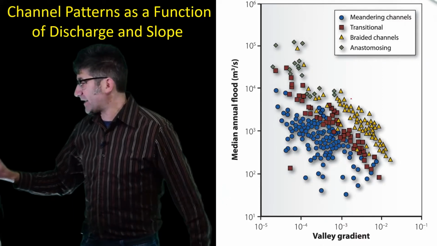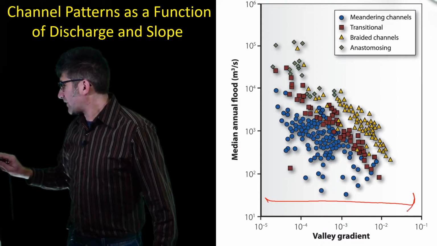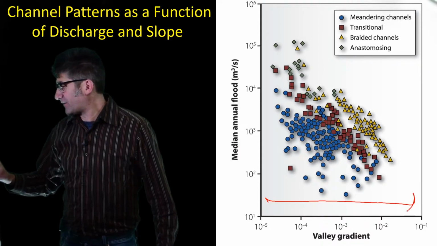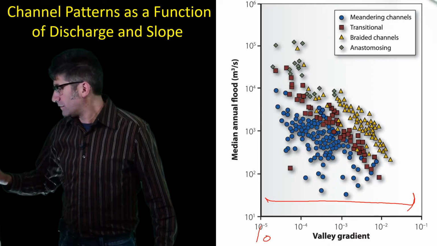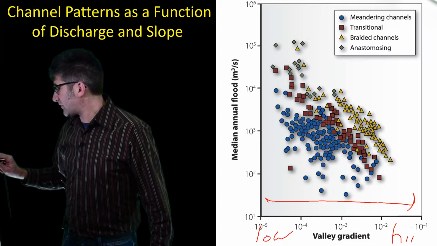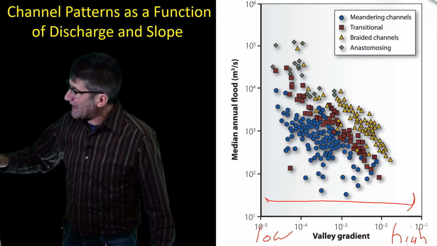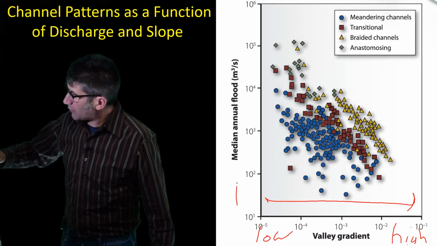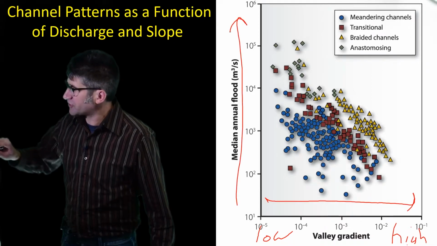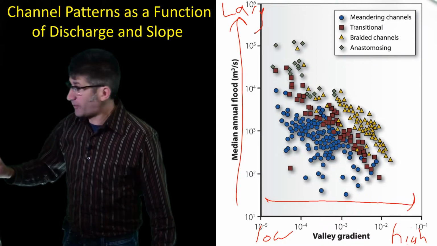What we're looking at here on our x-axis is the valley gradient going from 10 to the 1 to 10 to the negative 5. So this is low gradient down here, and these would be higher gradient channels here. Okay, and then we have median annual flood. So what we're looking at here is essentially discharge from large to small.